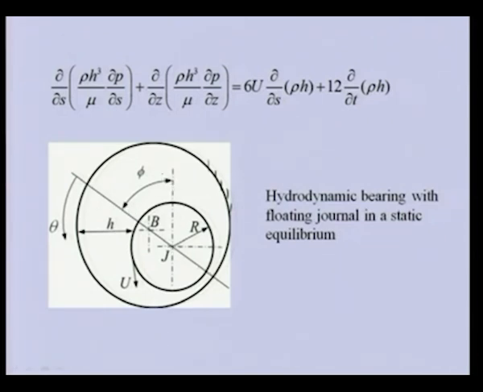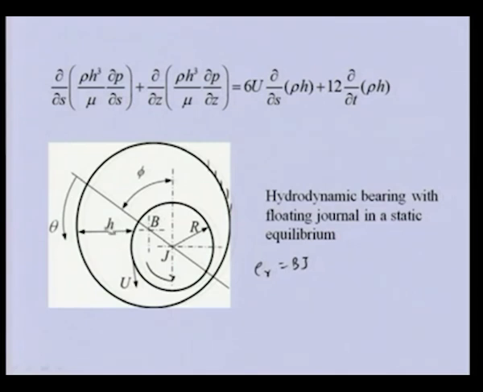So basically the radial eccentricity e_r, which is nothing but BC, and this attitude angle define the position of the journal.